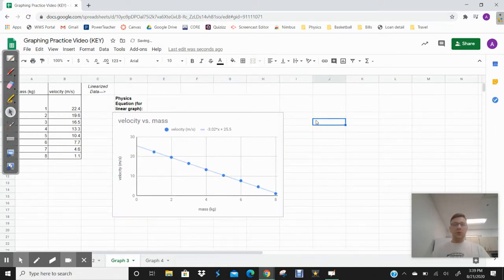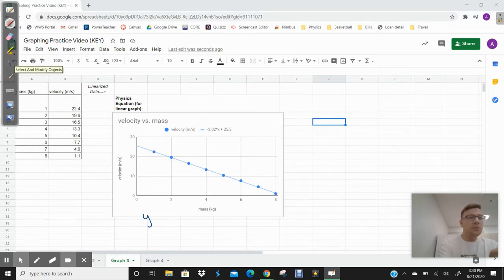We don't have to deal with a second graph here. We'll just use this one since it's already linear. Same thing. Actually, sorry, I want my red pen here. Okay, so y is equal to mx plus b.